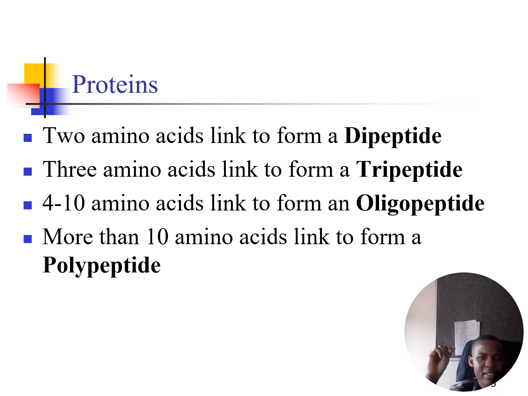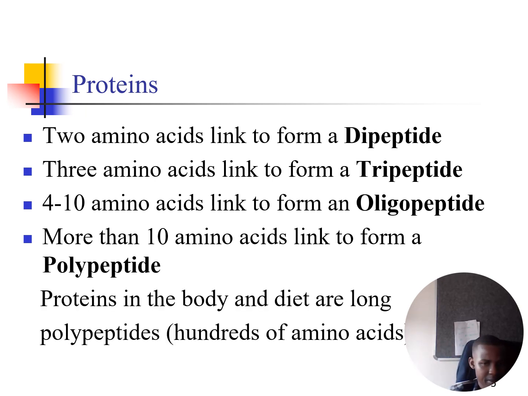Proteins in the body and diet are long polypeptides. It means the proteins which we normally find in the body, or which make up the body, are mostly polypeptides. You know about the process of digestion. The proteins that you are going to be seeing most of the time are the polypeptides.